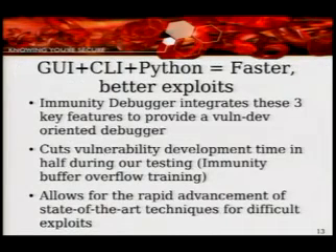So Immunity Debugger integrates these 3 characteristics in its own vulnerability development, exploit-oriented debugger. We have been using Immunity Debugger for some time at Immunity, and we have had great results during our testing.